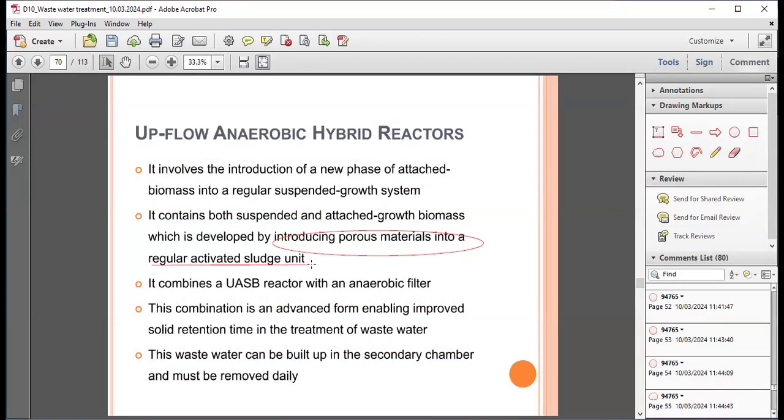Sludge process, sludge removal, is a very important part of sewage treatment. It combines the UASB reactor with an anaerobic filter. This combination is an advanced form enabling improved solid retention time in the treatment of wastewater.